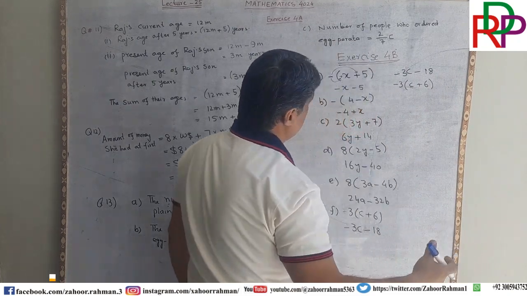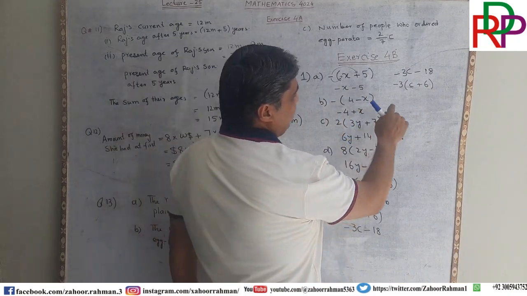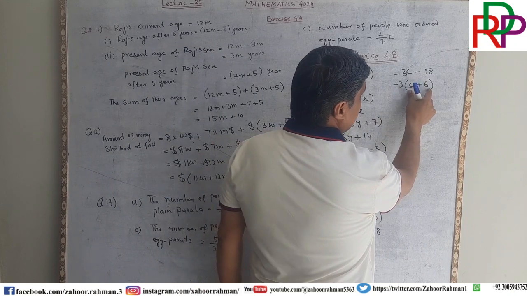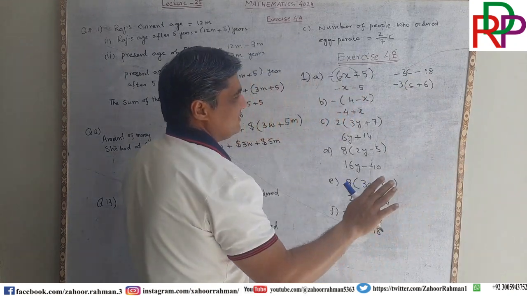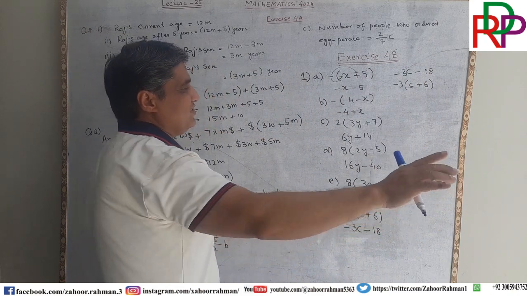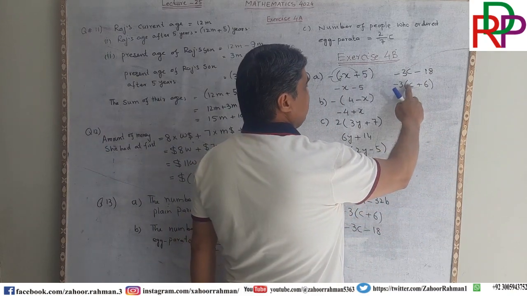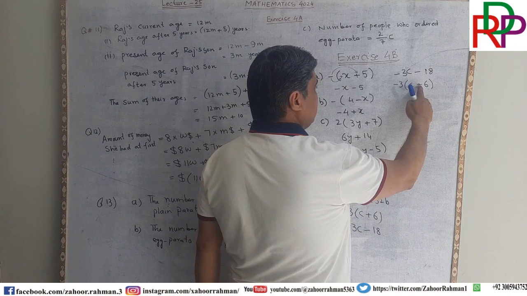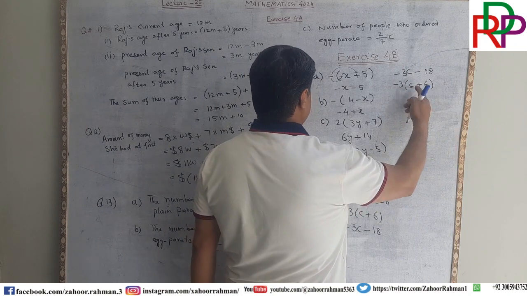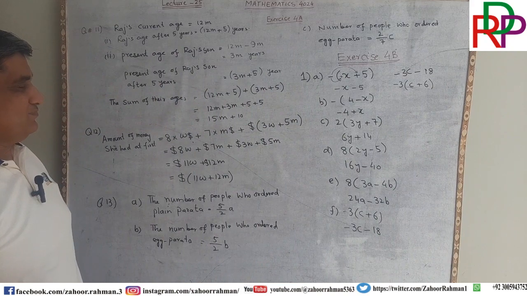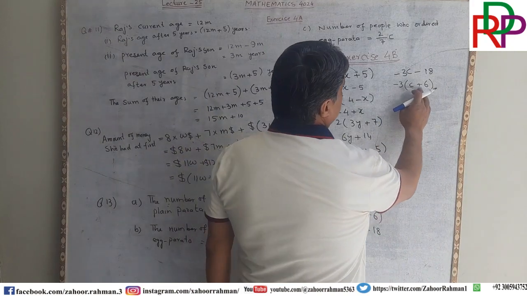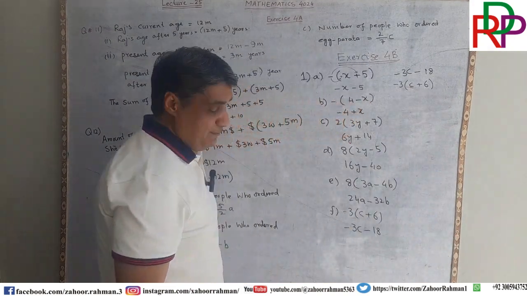In other words, if you are multiplying negative with whatever is in the brackets, the sign of those will change. If it is positive, it will become negative, and if it was negative, it will then be positive. Negative will yield positive.